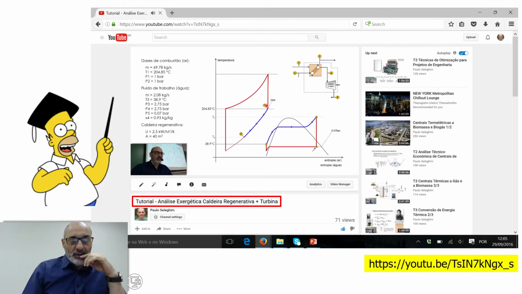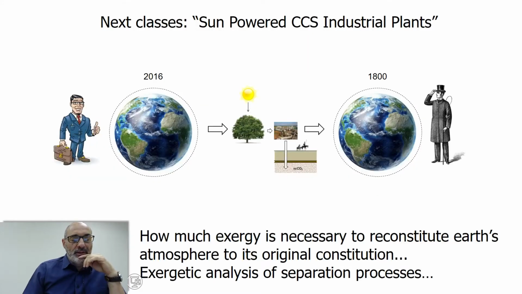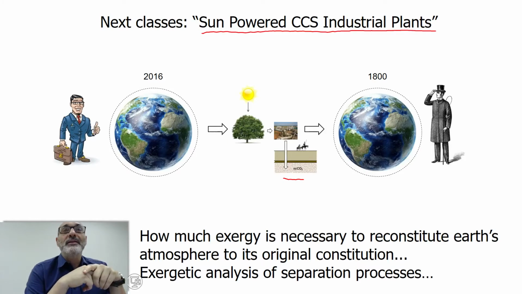I'm going to show you this next week, when I talk about chemical exergy and we make an interesting calculation. I remember I told you in my first class about what I call a sun-driven CCS industrial plant.